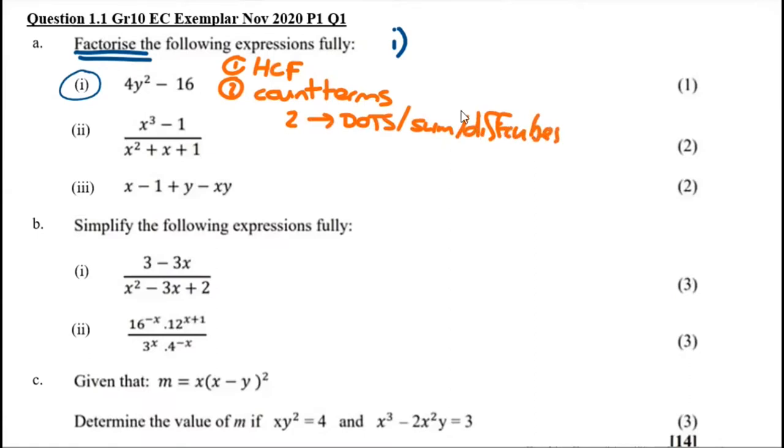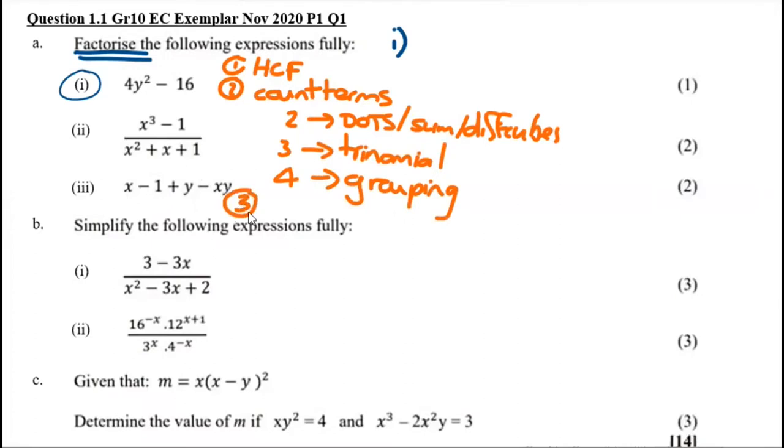Dots, guys, is the difference of two squares. Okay, we've got an answer from Tanith. Thank you very much. 3 tells you that it's a trinomial if there's 3 terms. And 4 terms tells you that you're going to try and do grouping. That's basically the process. Always remember, after you factorize, your last step is check if we can factorize some more.